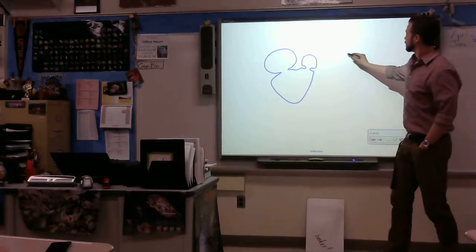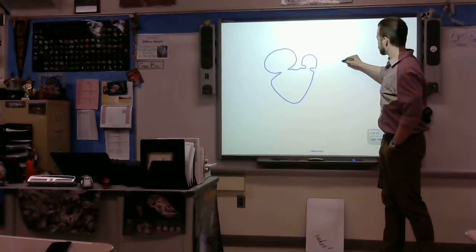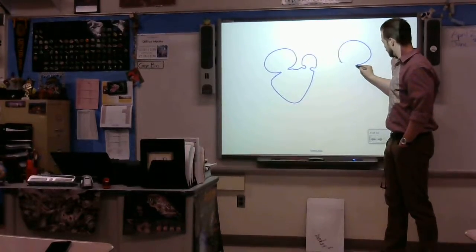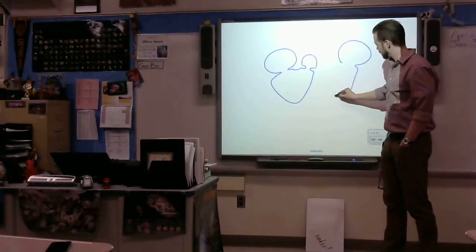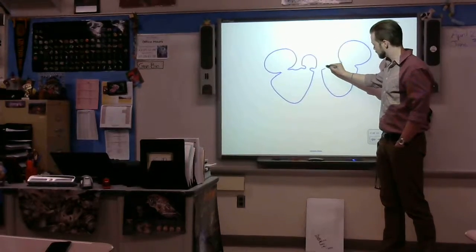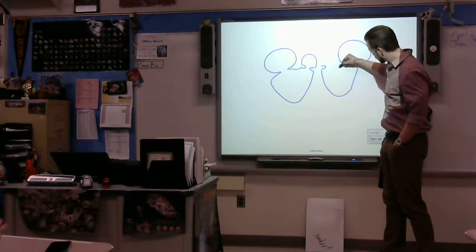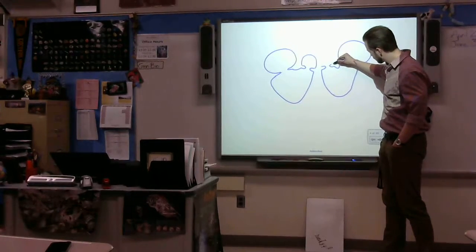Looks like Mickey Mouse. Similarly, over here, I'm going to do the left atrium, the left ventricle, and another set of valves.